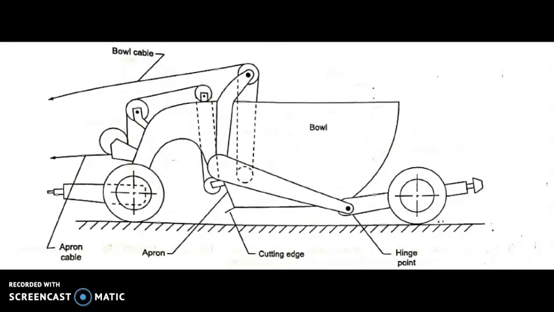So after the self-propelled scraper, next is towed scraper. The scraper unit of this type is usually mounted on four wheels as shown in this figure. These wheels carry only the load of the machine and materials. They are neither steered nor driven.